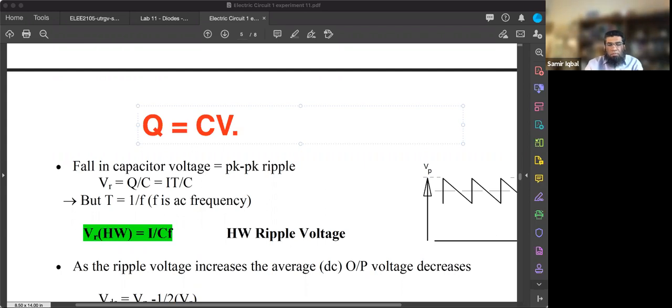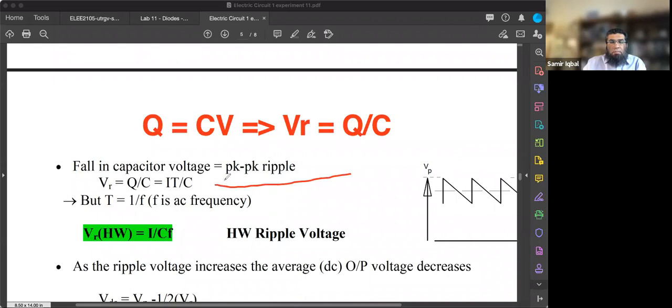So we can find the ripple voltage from this by flipping it, and we get Q over C. We plug in the value of Q, and we get this relationship for the voltage, which is nothing but Q over C, IT over C. So we know current, we know time, we know capacitance.